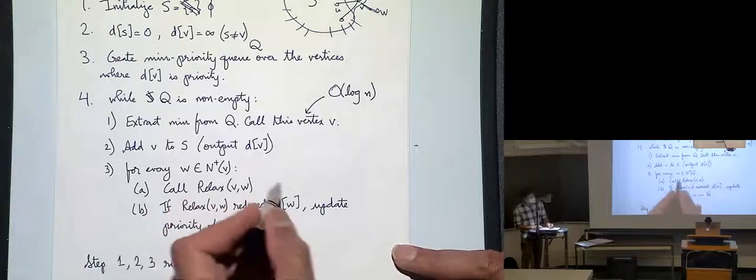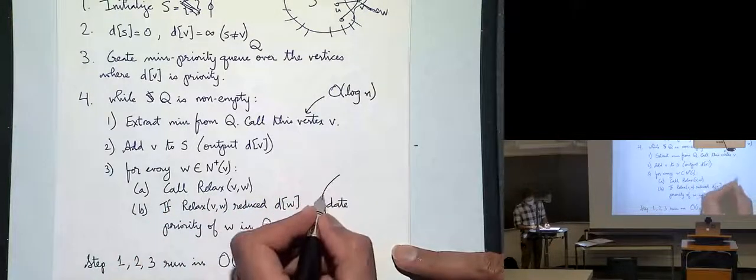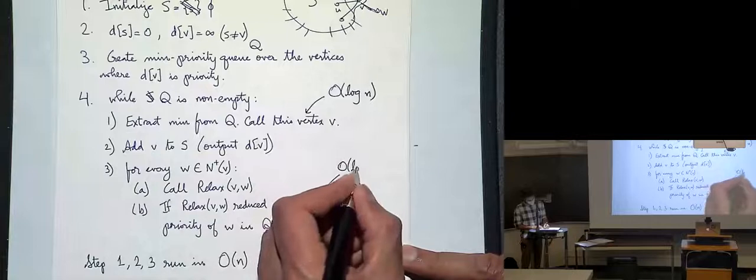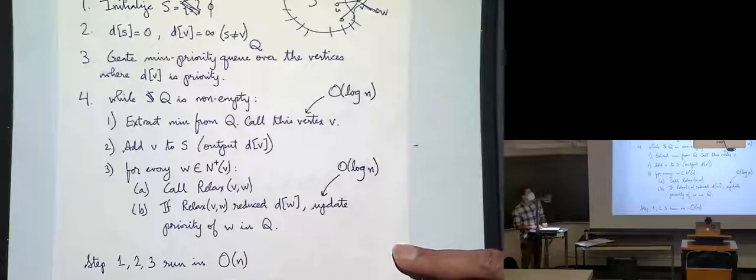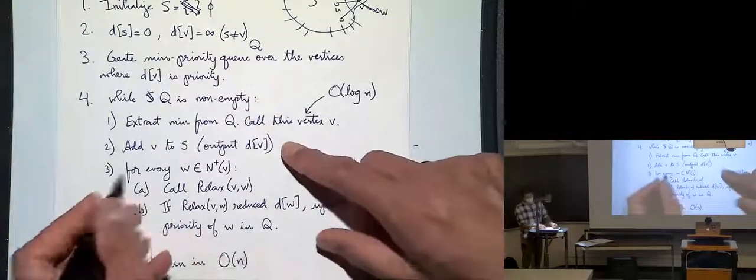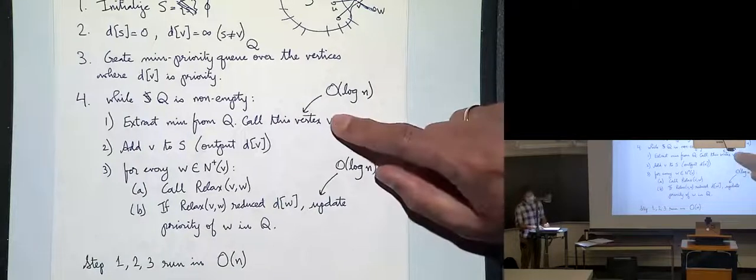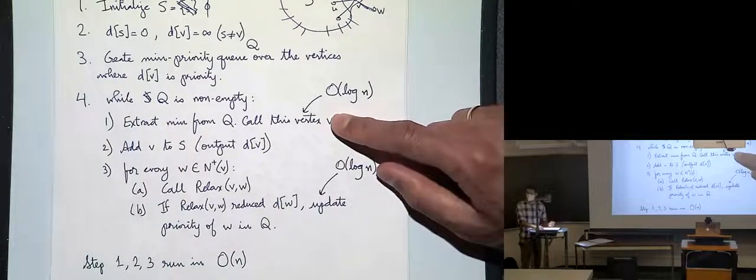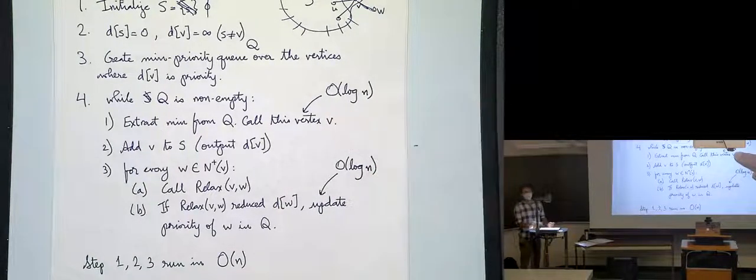And this step over here, the update, is also log n. Everything else is fairly straightforward. How many times do you extract? You can do this at most n times, right? Because there are n vertices, and you extract a vertex.